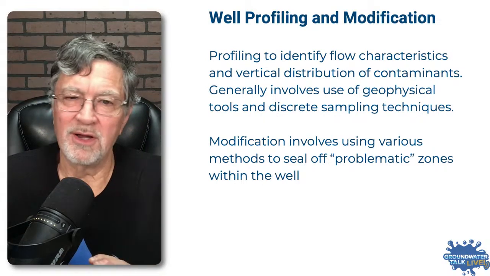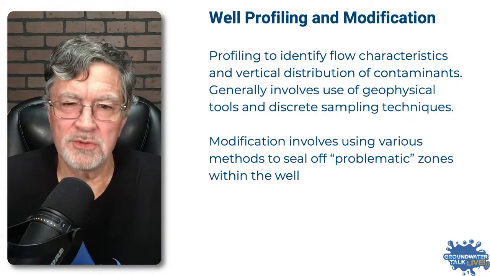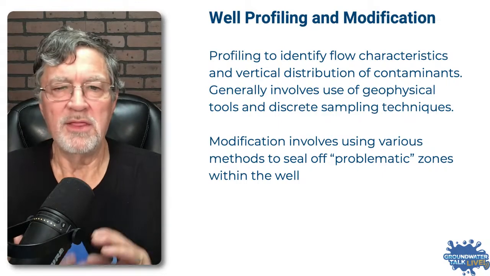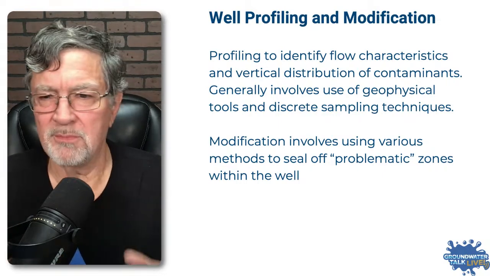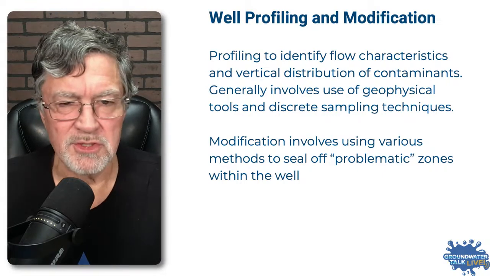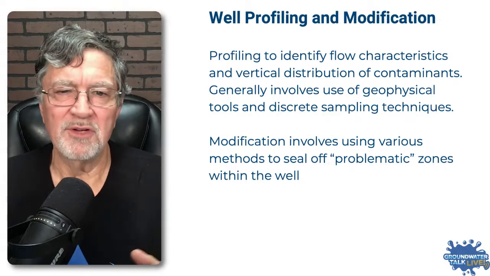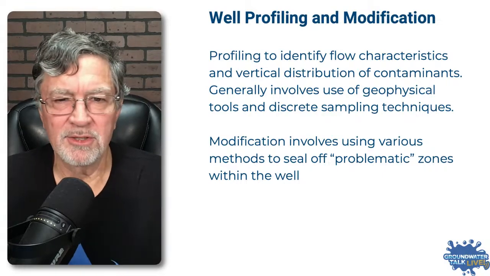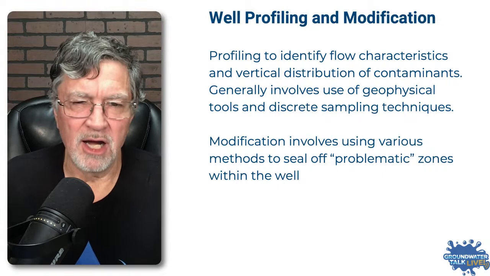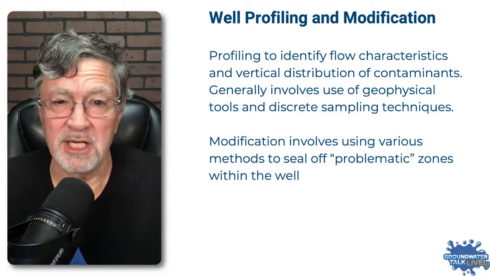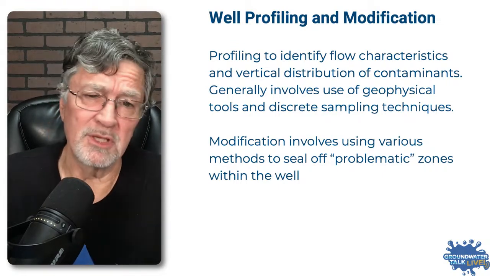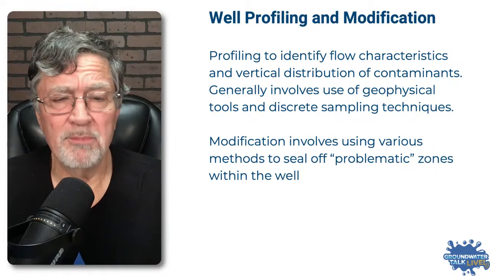It's best if there are lithostratigraphic controls that we can deal with, and then we can go in there, and sometimes it's something as simple as swedging that zone or putting a seal on there. Sometimes you have to get in there with a packer and pack off some zones, and then squeeze some concrete out to seal those up, or some grout to seal those up.